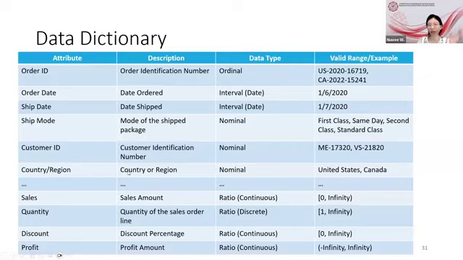For example, we know that sales can be 0 or up to infinity, but it cannot be minus, right? Quantity needs to start from 1, cannot be 0. Discount needs to start from 0, which means no discount. Profit can be negative, so minus infinity.